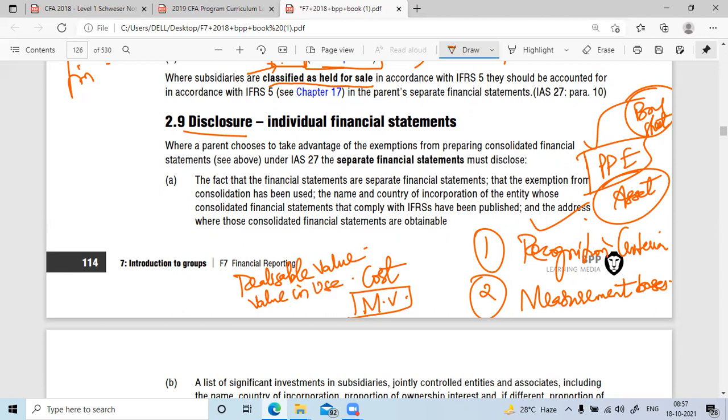So all these we will be studying in chapter number 1 after consolidation. Don't worry. As of right now, you consider cost or market value, fair market value, like that. Okay. Third is disclosure requirements.